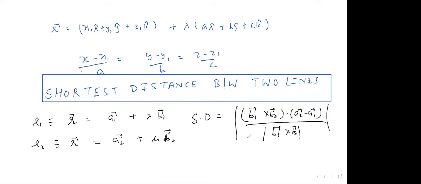You just need to put all these things into the formula and get the value. If the equations of the lines are given in Cartesian form, then you can convert them into vector form first, then put into the formula. However, we have a formula in Cartesian form as well, but that is a little bit difficult and lengthy. So better you convert it into vector form and then put into the formula. Got it, sir. Plug into the formula, right? Yes, sir.